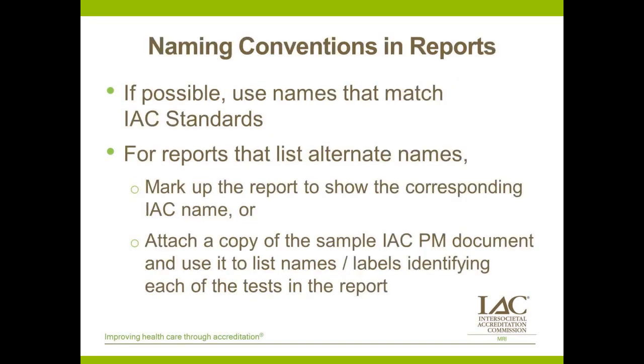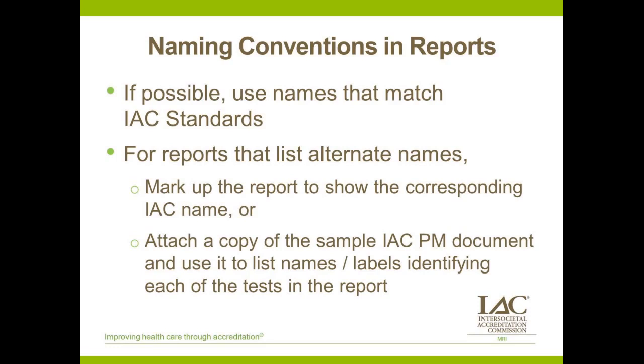When it comes to reports, if possible, my request to all of you would be to label those categories using the names from the IAC standards. If you have a report that shows other names, whether they're manufacturer specific or names from a NEMA or an AAPM, one option is to take a copy of that report and mark it up.